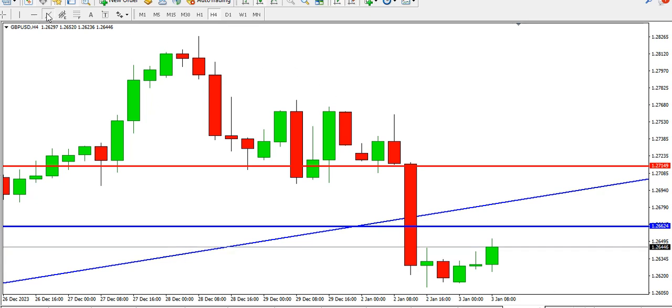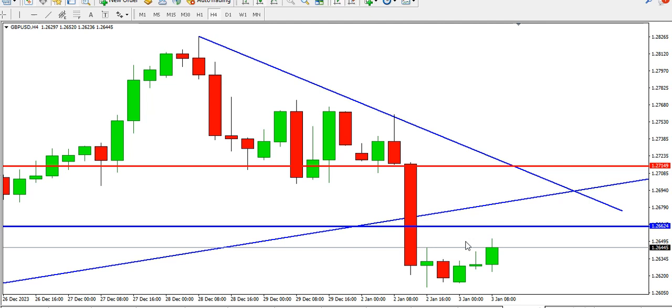But for now, a descending trend line is being created, and it has a confluence with an ascending trend line around here. Insofar as price reacts to this and then starts to drop, we can be assured that the bearish structure may likely continue.